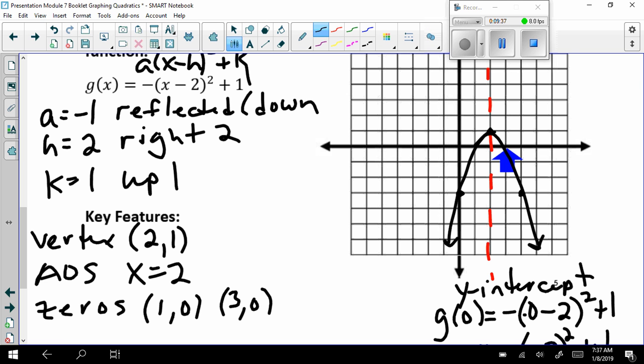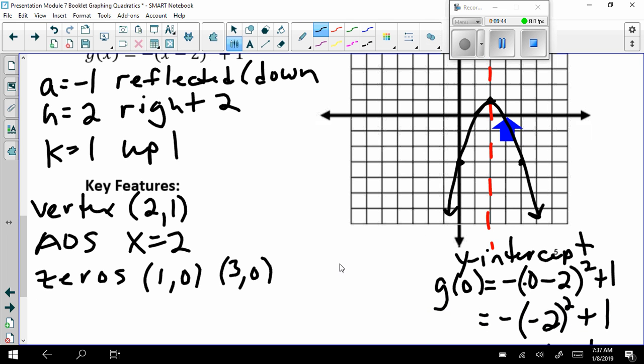We'll talk about how to find those more precisely later when we talk about solving. But for now, we're just going by the sketch. Again, my y-intercept, we already found to be 0, -3.